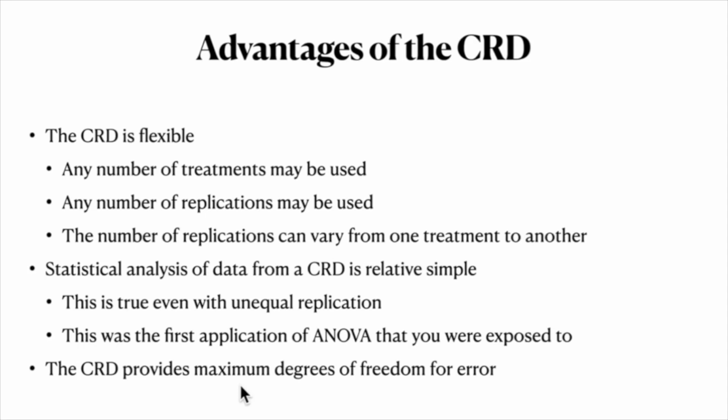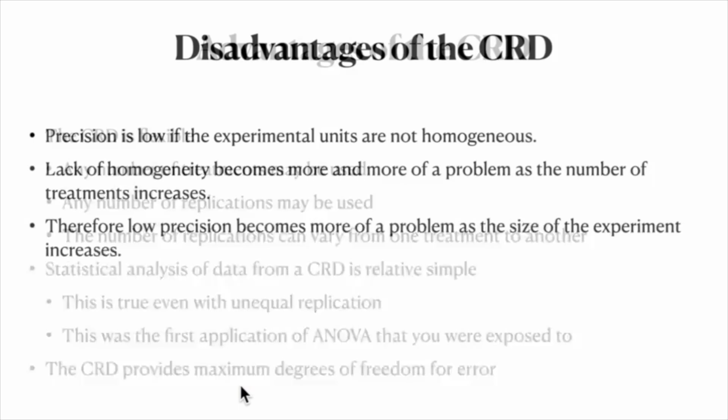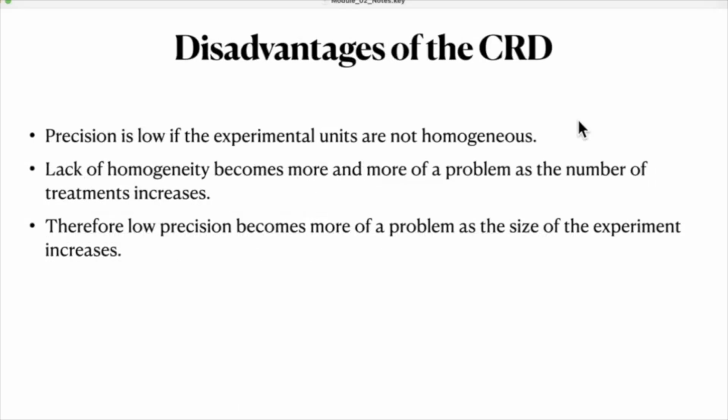Now, having said that, notice that I did not say that completely randomized designs are always more powerful. That's certainly not the case, and that's not going to be the case, for example, when precision is low because the experimental units are not homogeneous. So that leads us into some of the disadvantages of completely randomized designs.